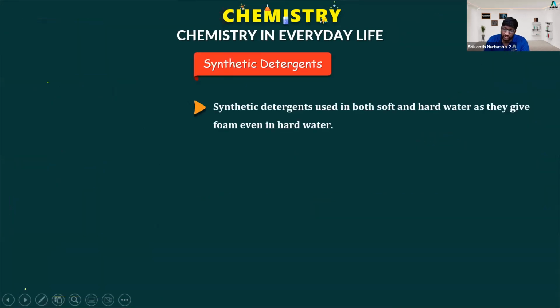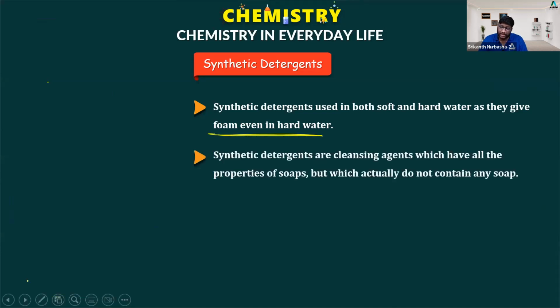Now, if you go to the next concept, synthetic detergents. Synthetic detergents are used in both soft and hard water as they give foam even in hard water. Synthetic detergents are cleansing agents which have all the properties of soaps, but which actually do not contain any soap.